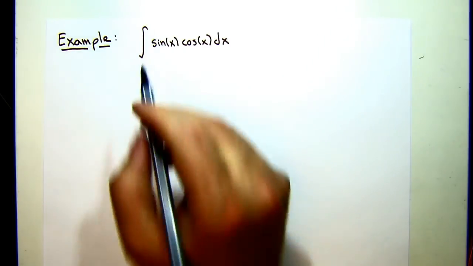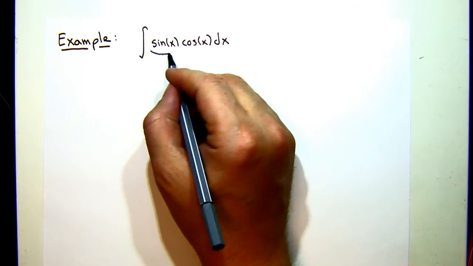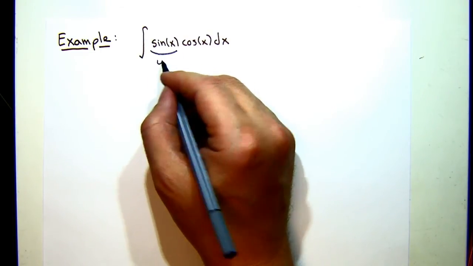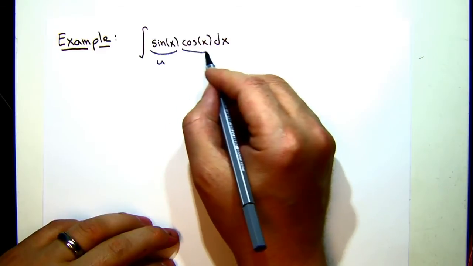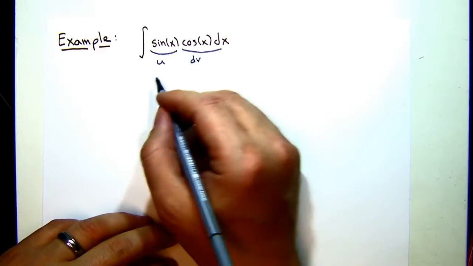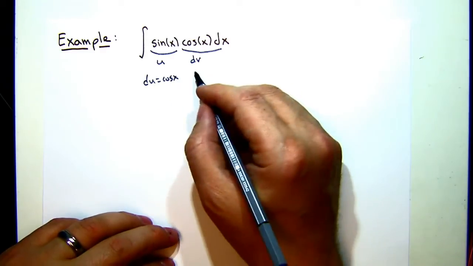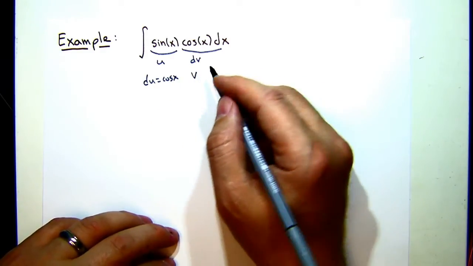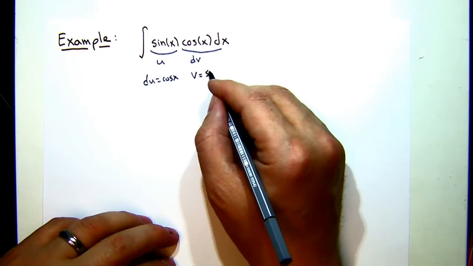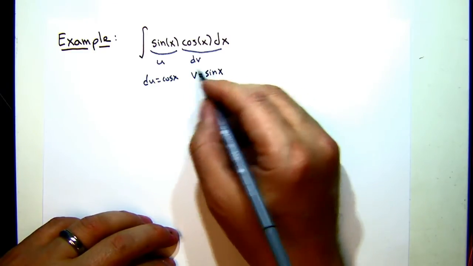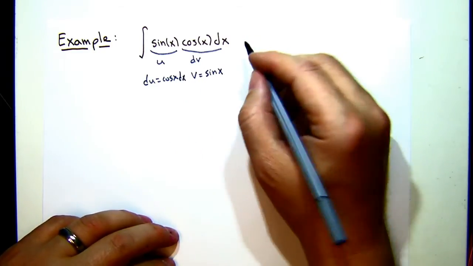What if we did integration by parts? We could do it a couple different ways. And so let's try the following. I'm going to call this part my u, and cosine x dx, that's my dv. So that du will be cosine, and then v, integral of cosine, well, that's positive sine.